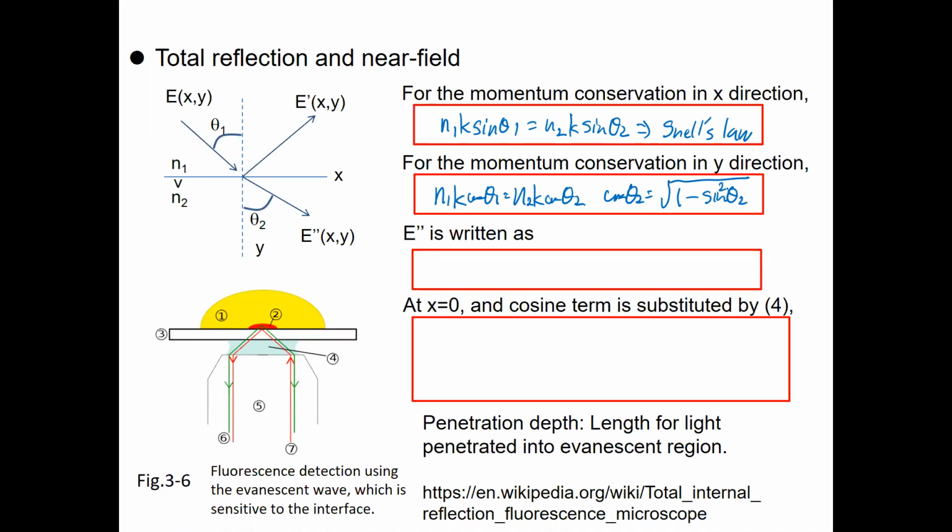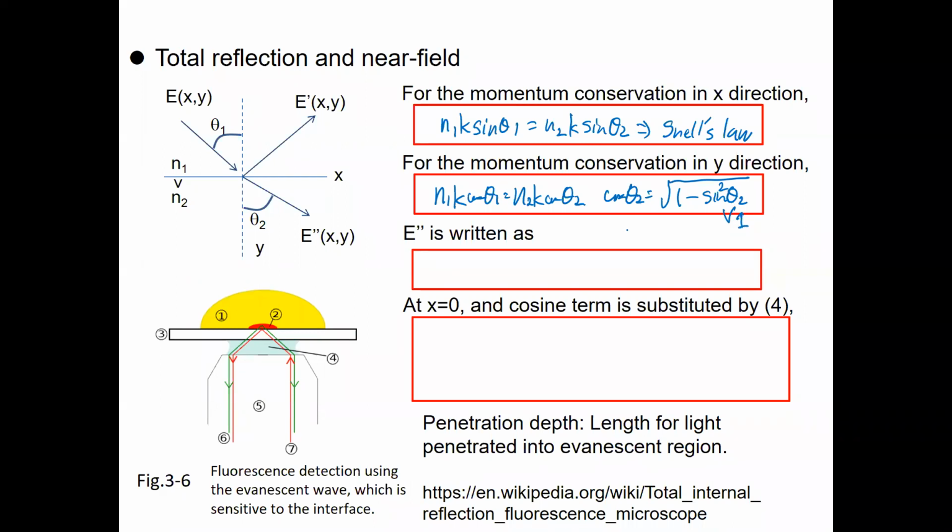Some strange things happen in this case, because in the case of total reflection, sine theta 2 has already reached 1, because theta 2 is now larger than pi over 2. So just assume sine theta 2, whatever it is, is larger than 1.